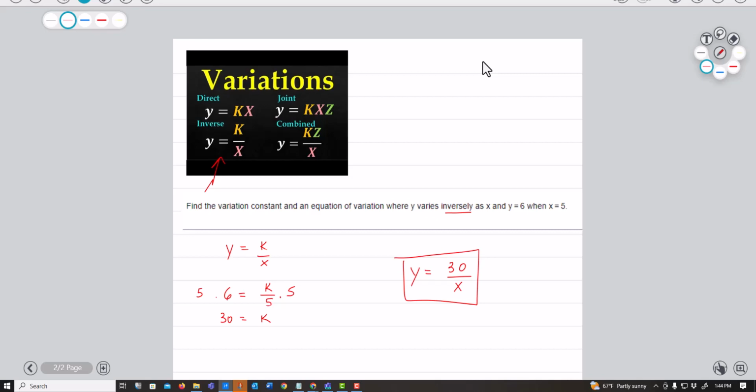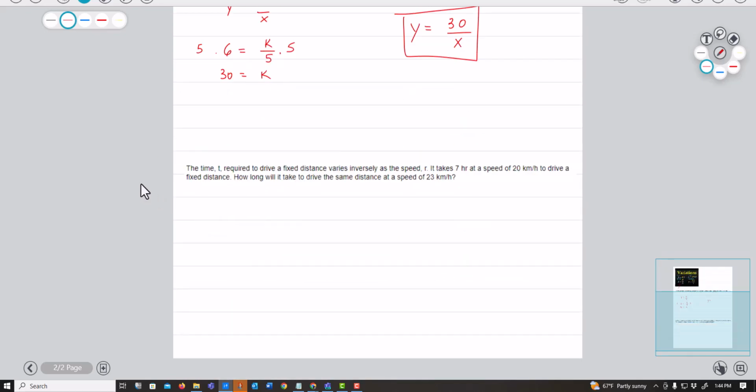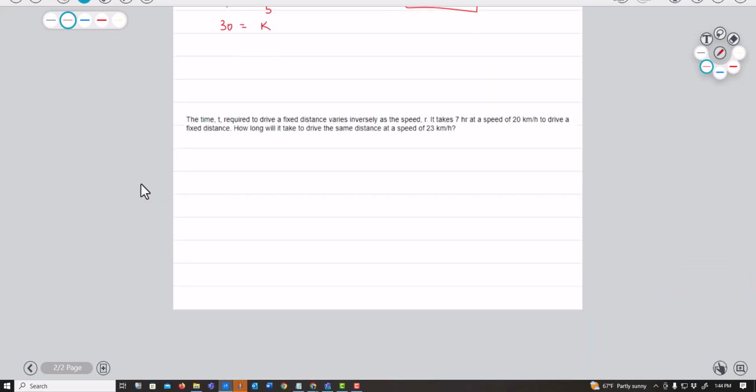And once again, as we did with the direct, we can use an application that we can solve. So it says the time required to drive a fixed distance varies inversely at the speed r it takes at r, period. Can you tell I'm a math major, not an English major? So in other words, what we're looking at here is an r of t, and then this is inversely, so this is going to be k over t.